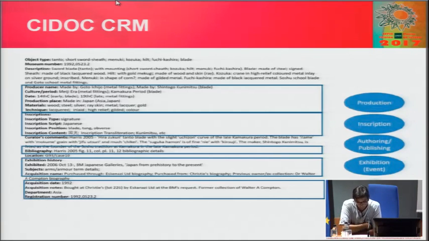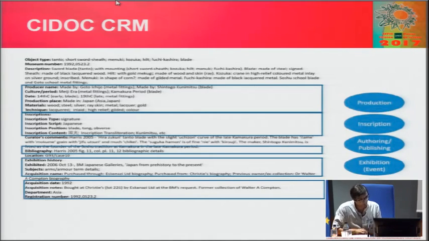So by aligning your dataset categories to CIDOC, it helps to make your dataset much more interoperable and allows you to actually query across multiple different datasets. And as I mentioned in relation to the biomedical domain, this idea of using ontologies for making datasets more interoperable has been hugely successful.